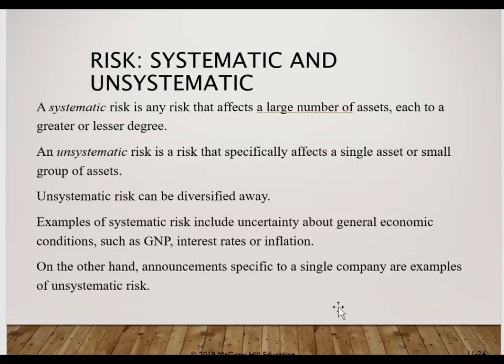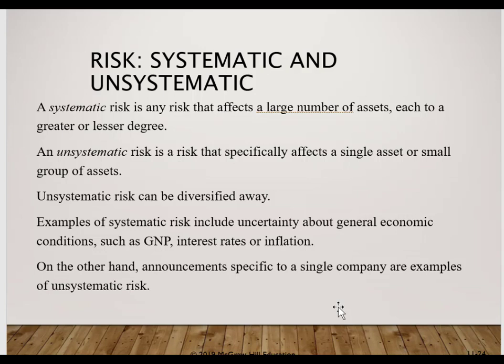So systematic risk is any risk that affects a large number of assets, each to a bigger or lesser degree, it really doesn't matter. But an unsystematic risk usually only affects a single asset or small group. That is, it is firm specific or rather unique. And unique things are ultimately diversified away. Essentially, that's the way statistics works.